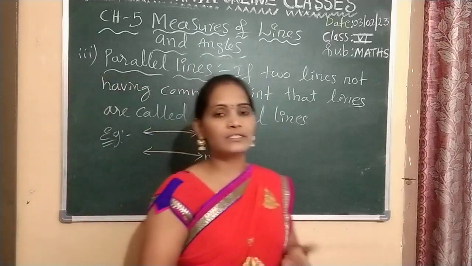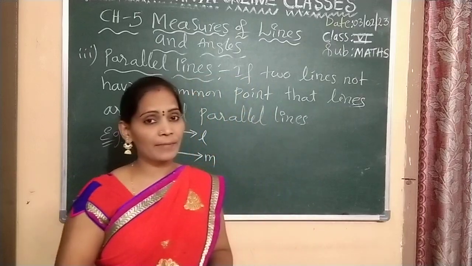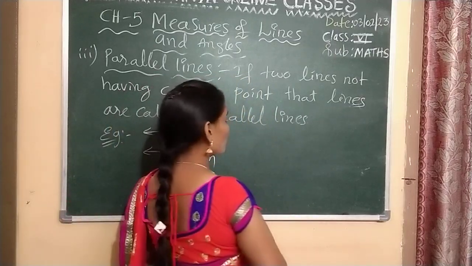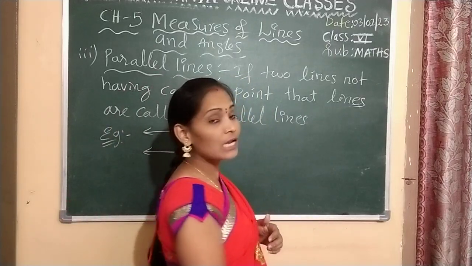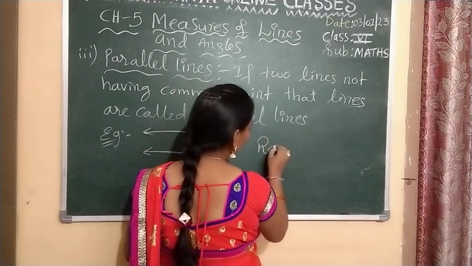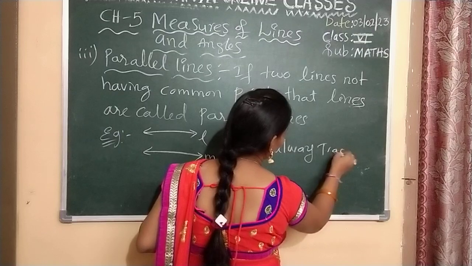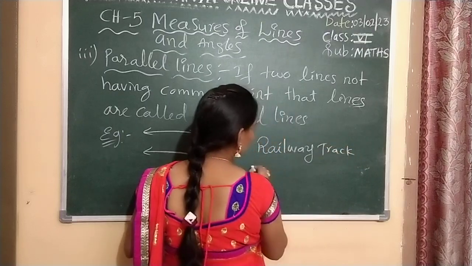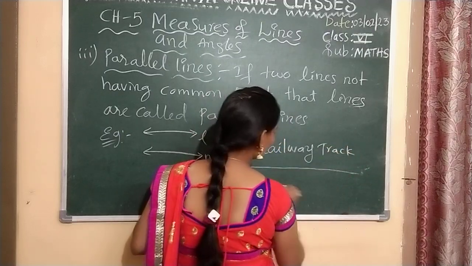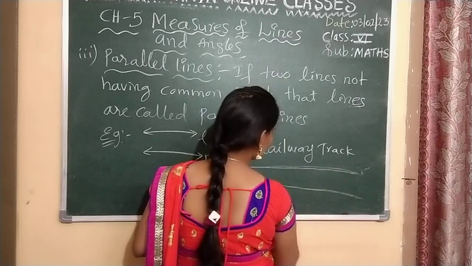Then what are the daily life examples of parallel lines? If you observe a railway track, it looks like this. It will go like this and this.